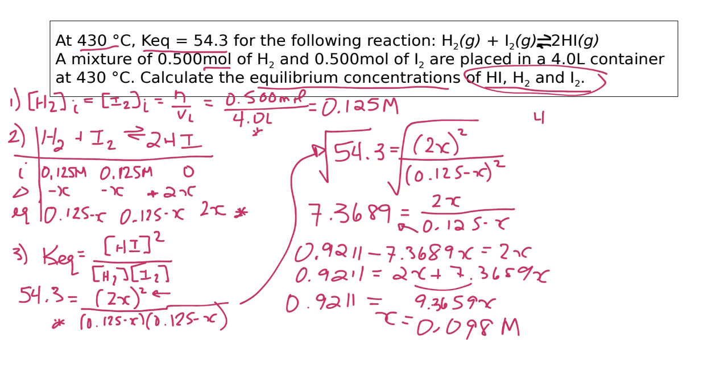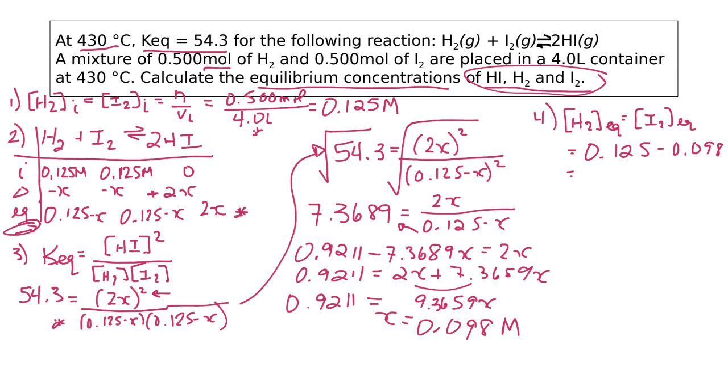So step 4 would be to do that. When I go over here to my equilibrium line, I notice that my hydrogen and my iodine are equal, so we can group those together. The concentration of hydrogen at equilibrium equals the concentration of iodine at equilibrium, which equals 0.125 minus x. So we'll sub it in, 0.098.